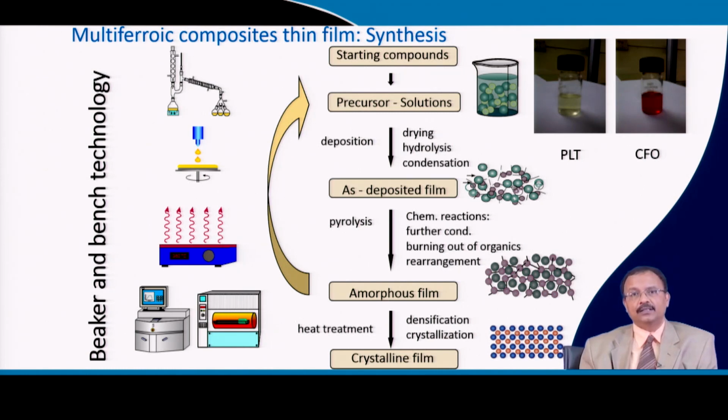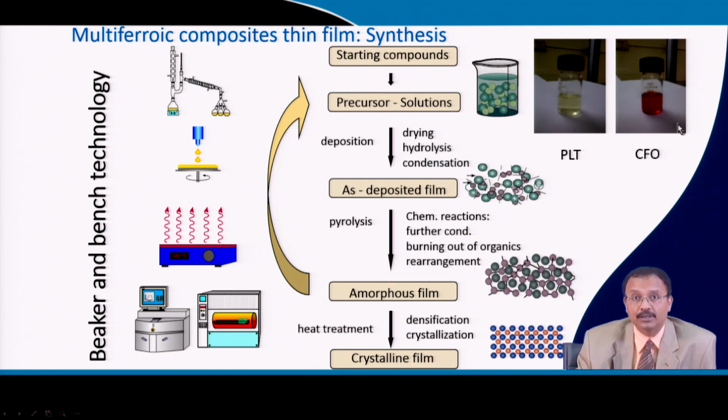So, a thin film of this material will have to be made, and the same chemical solution deposition that is usually used to make this kind of thin film is used, where precursors of lead lanthanum titanate, which is one example I have cited, and of the ferrimagnetic cobalt iron oxide are individually prepared by the chemistry route, and then they are mixed together.